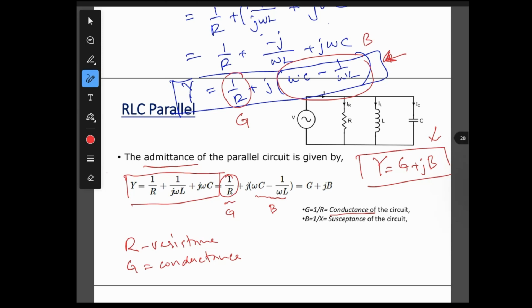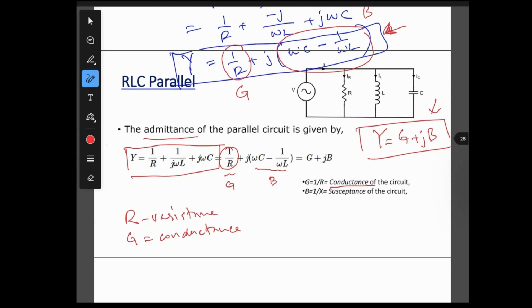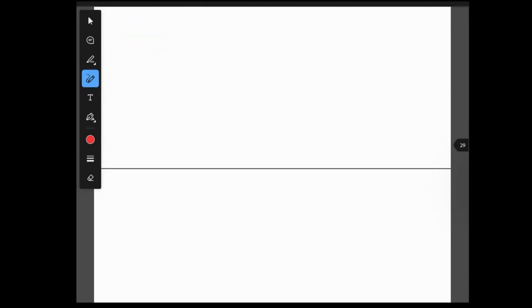Admittance is the inverse of the impedance. Impedance is Z, so admittance is 1 over Z. The unit is mho, while for impedance, Z, the unit is ohm. All right, next.